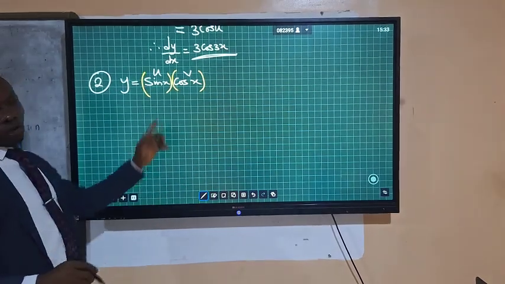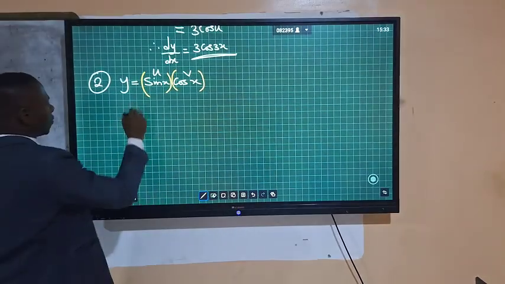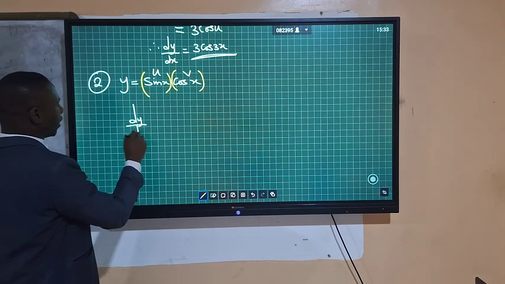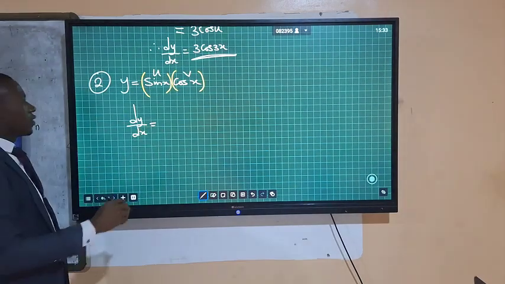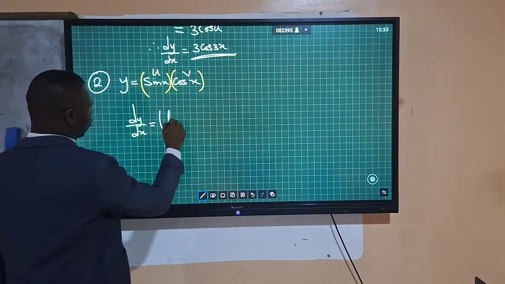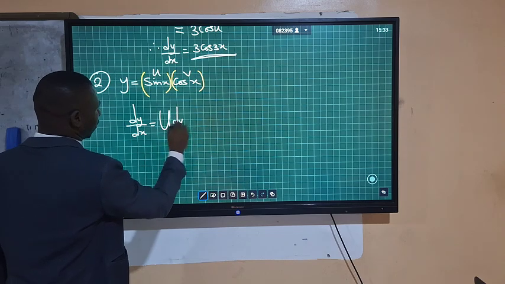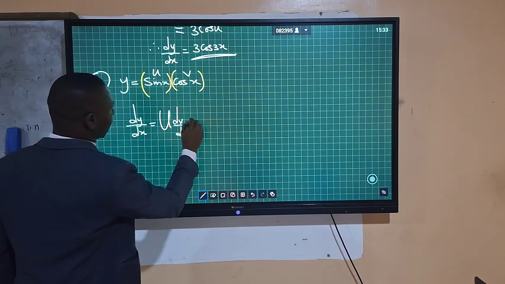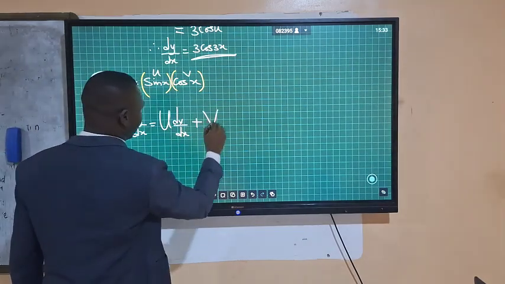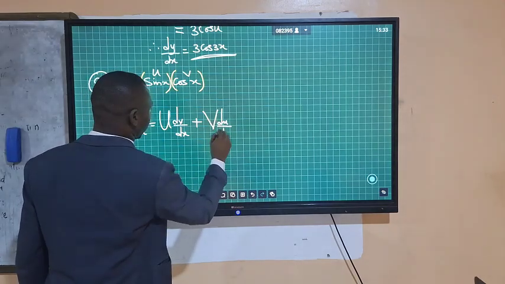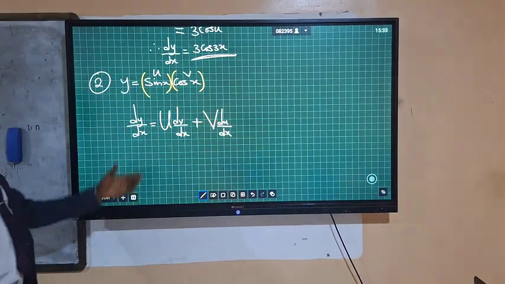So by our product rule, dy over dx is just u dv over dx plus v du over dx. So that's the product rule.